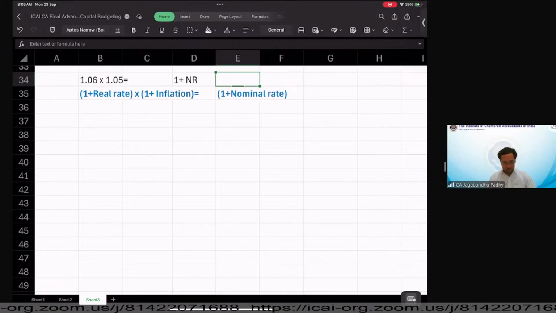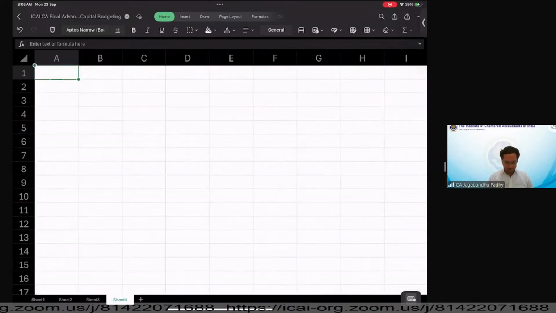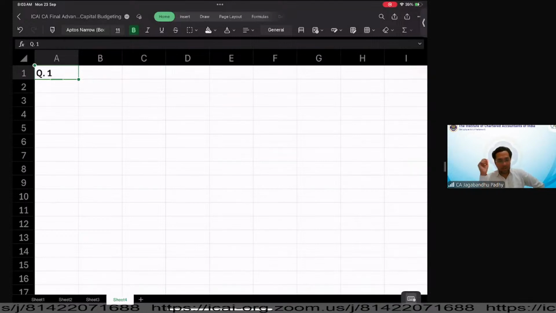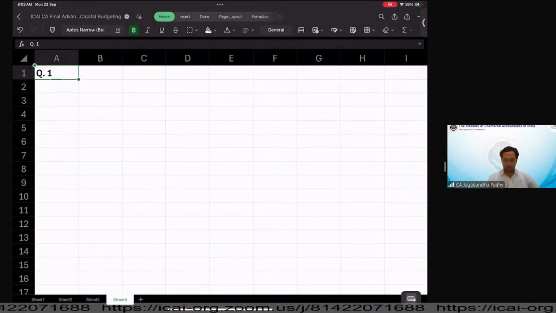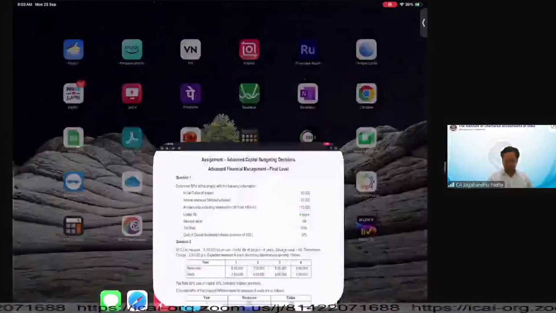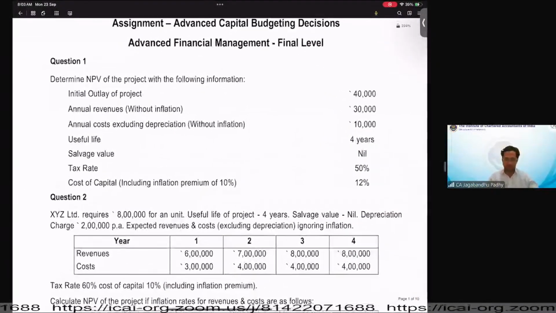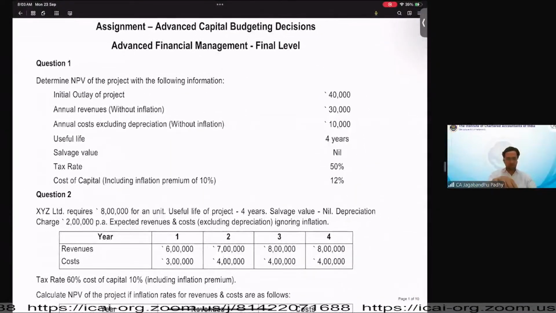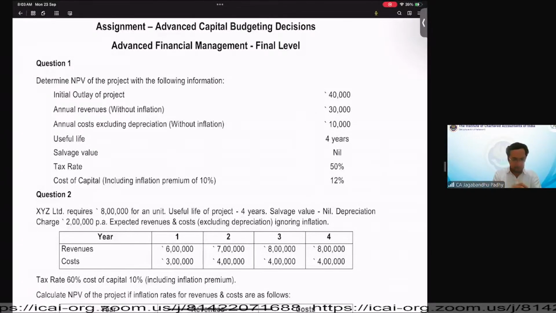Now it's time for us to look at the assignment, question number 1, to understand the calculation of real rate of return and the nominal rate of return, or the NPV using real rate and the nominal rate. So let me just come up with this assignment. Here we have question number 1.